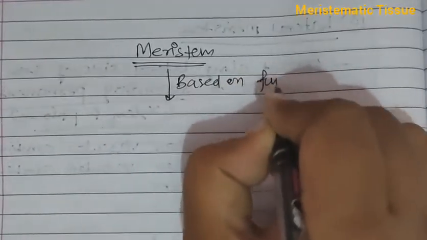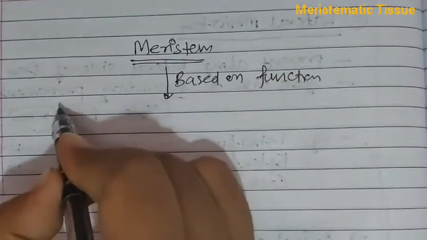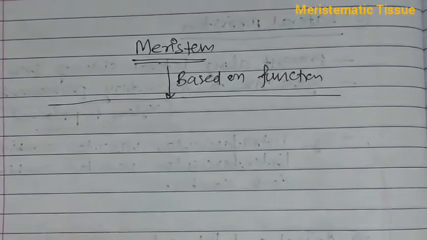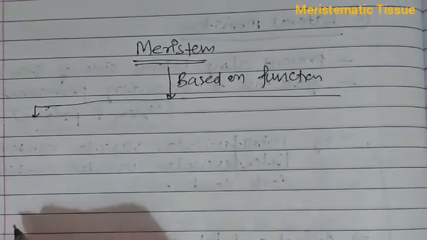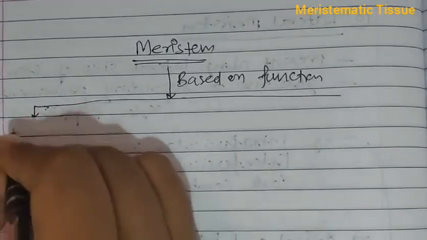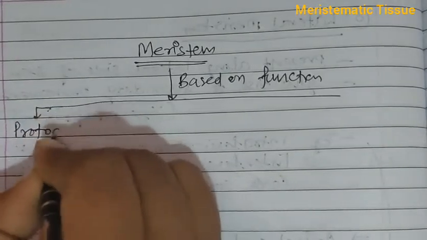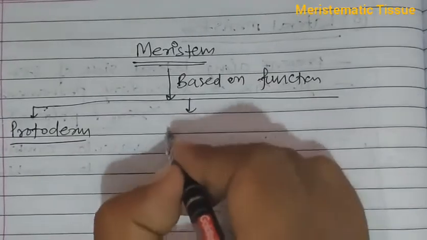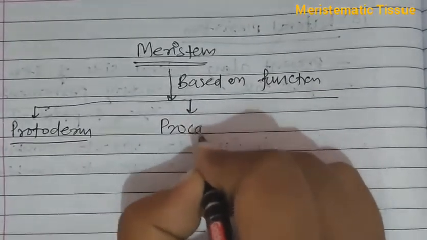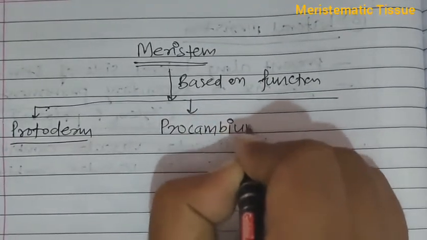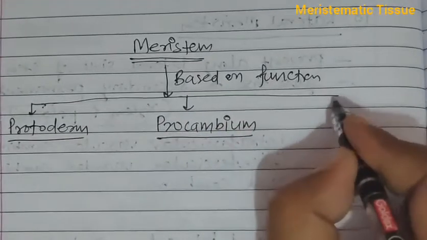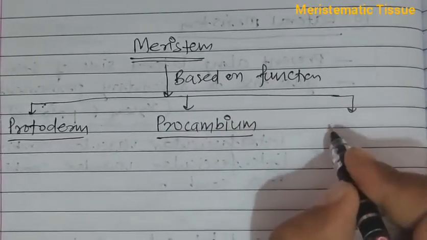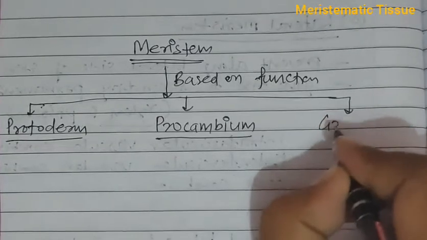Based on function, we study another three types of meristem. First, we are going to study protoderm. Protoderm is also a meristem. Then after protoderm, there is procambium. And the third type is known as ground meristem.